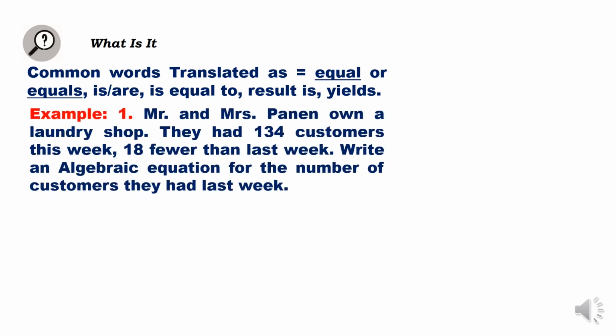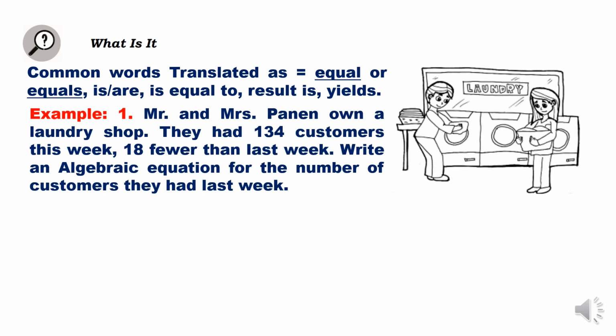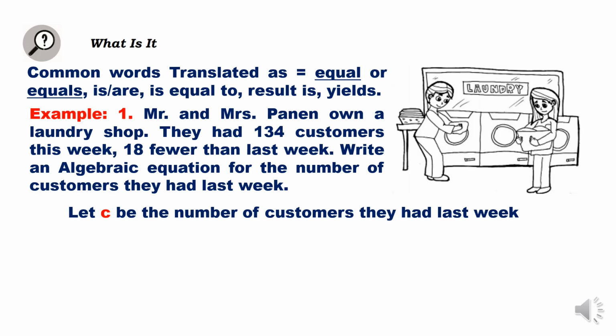Example 1. Mr. and Mrs. Panen own a laundry shop. They had 134 customers this week, 18 fewer than last week. Write an algebraic equation for the number of customers they had last week. Let C be the number of customers they had last week.